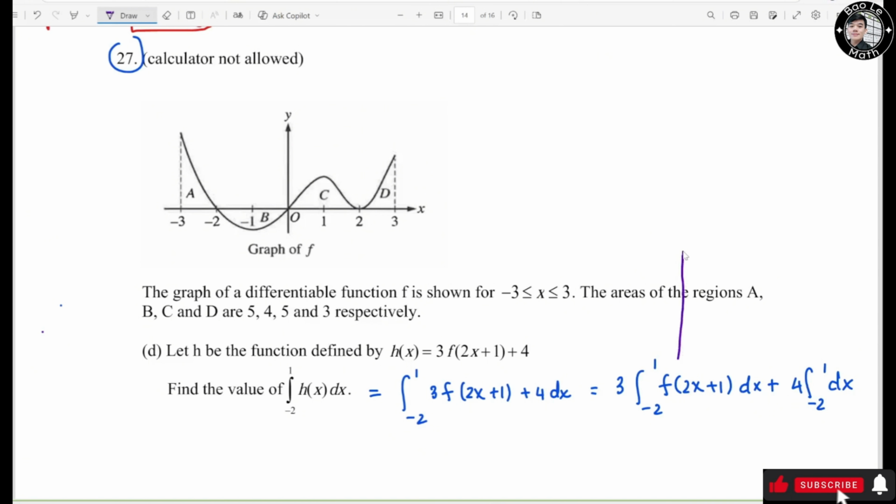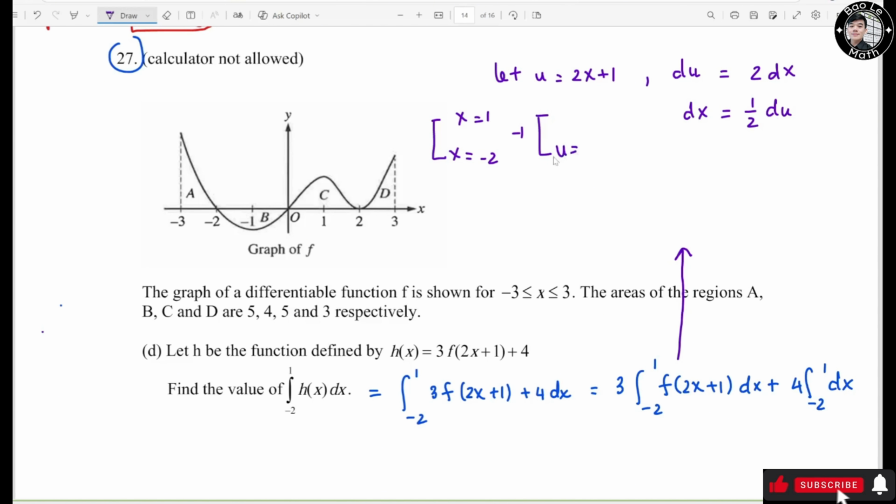Now I need to calculate this one first. So I'm going to let u equals 2s plus 1 and du equals 2 ds, so ds equals 1/2 du. Now I need to change the new upper and lower bounds. When s equals negative 2 and s equals 1, the new u, substituting negative 2 for s, is negative 3, and substituting 1 for s is 3.